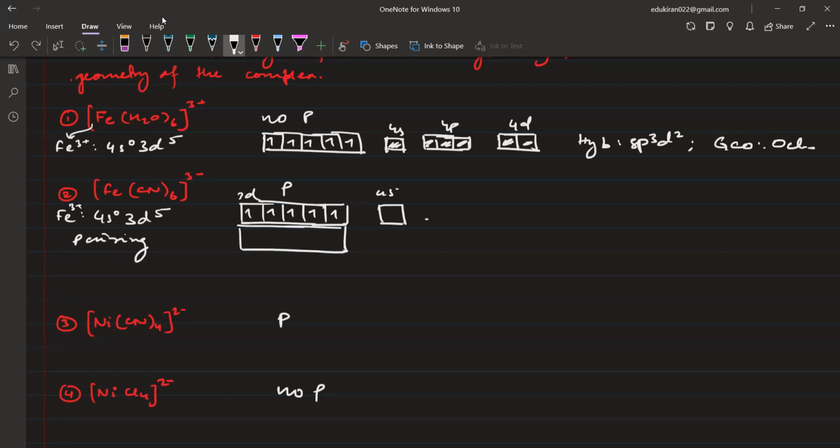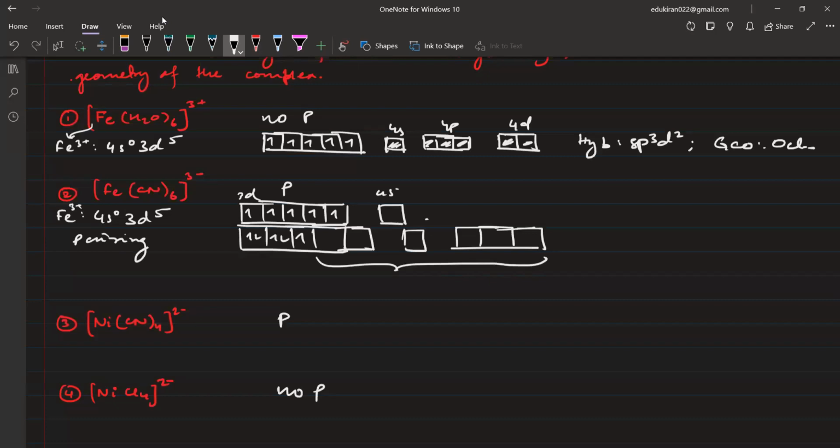One, one, two, three, four, and 5. This will give you d2sp3 and then आप यहाँ पे भी ऐसे कर सकते हैं, क्रॉस कर दीजिएगा.